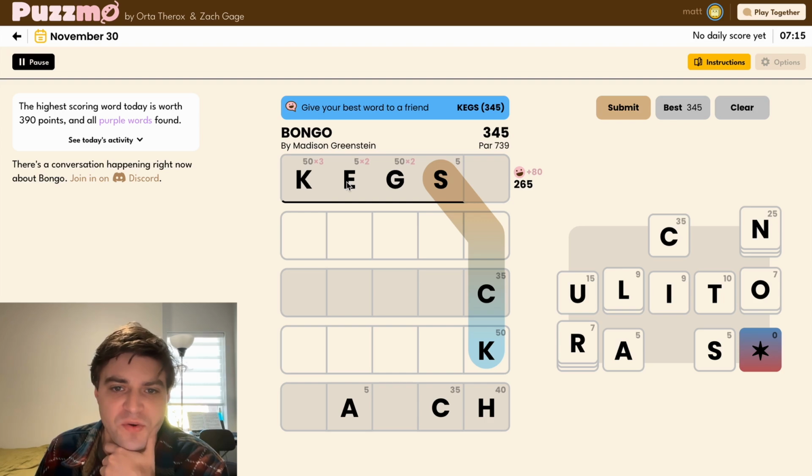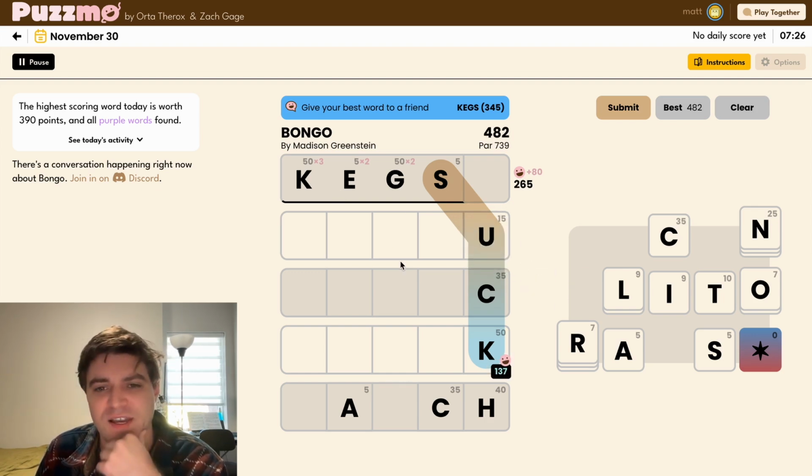Would this be high scoring? Yes. Maybe. Maybe this? Maybe kegs and suck? Because then the deal is that I'm sacrificing this S and this U and this E. But I've got many of our high scoring letters on this.